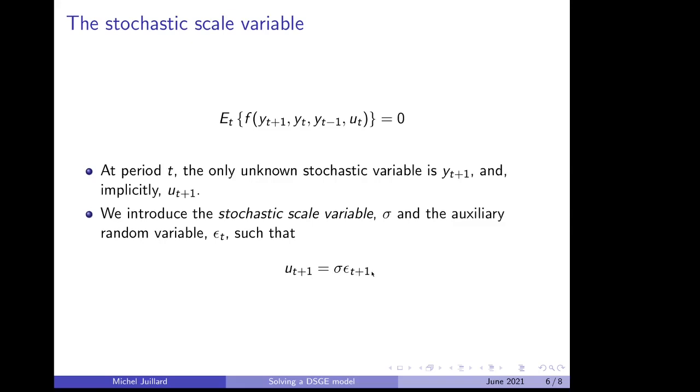The main interest of the stochastic scale variable is in the Taylor expansion: by taking increments on sigma, we will be able to take into account the effect of the uncertainty of the model towards the future. And in particular, if we set small sigma to 0, we can shut down the channel of future uncertainty.